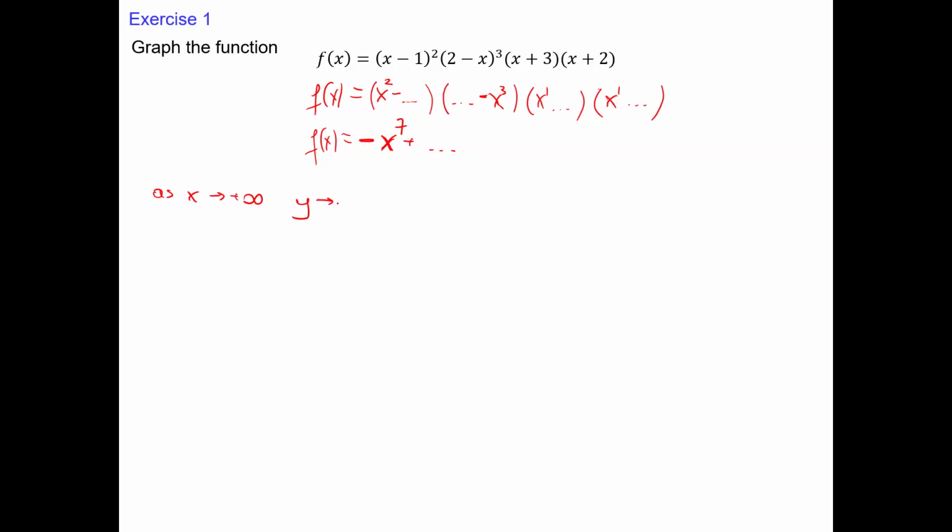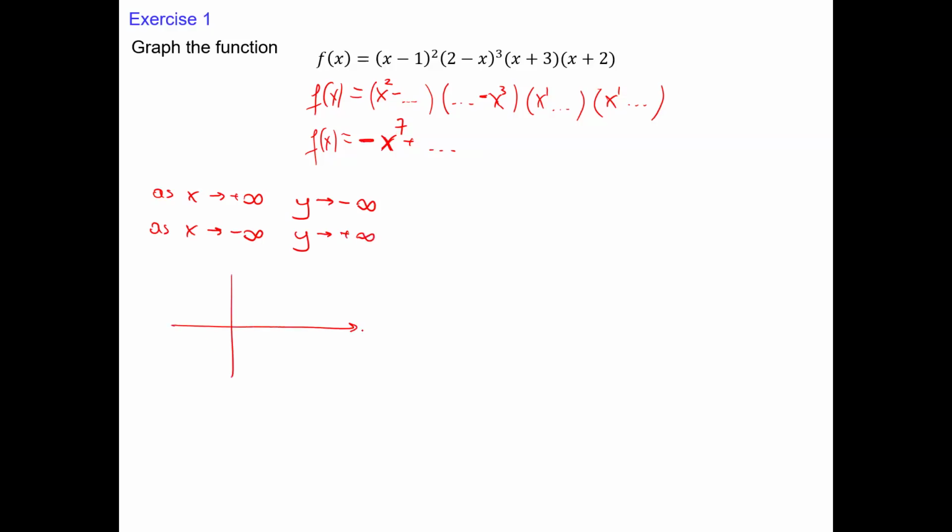With that negative, it will be a negative big number. Okay, we got it. As x goes to negative infinity, we can imagine that a negative big number is raised to the power of 7. It will become a negative big number. With this negative coefficient, it will become positive.